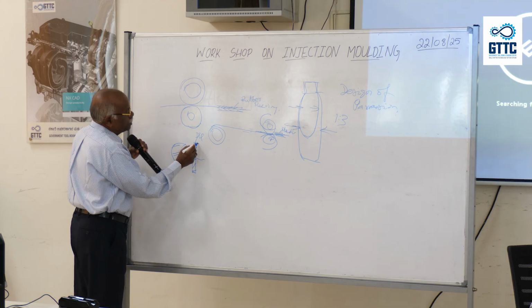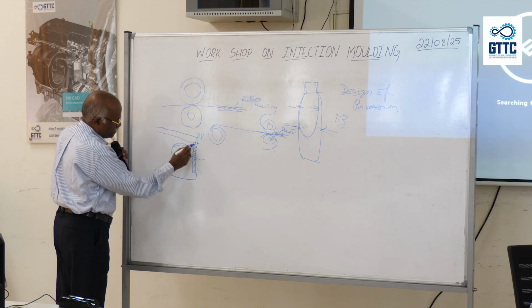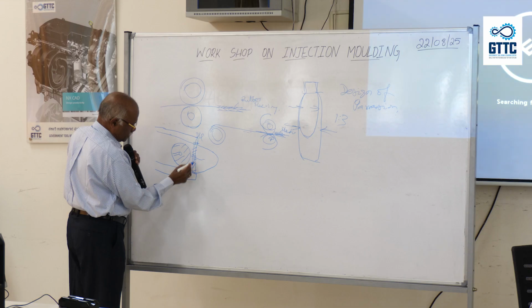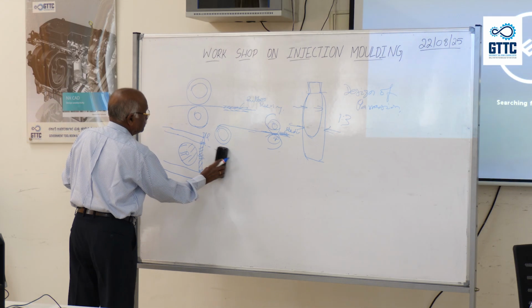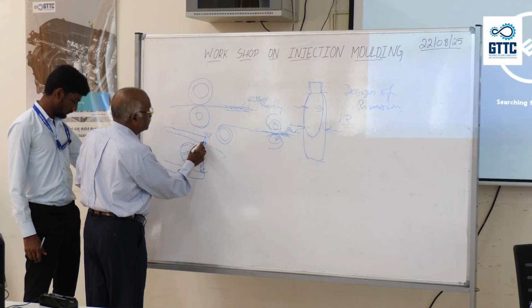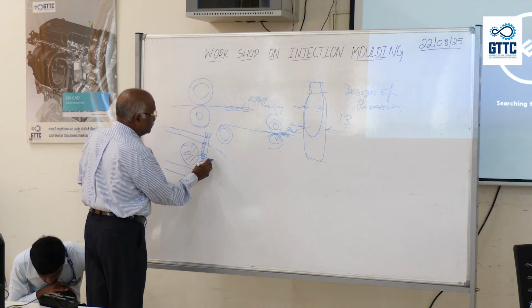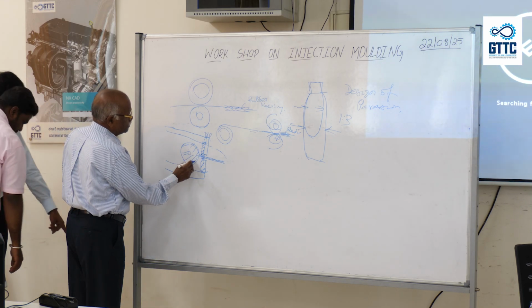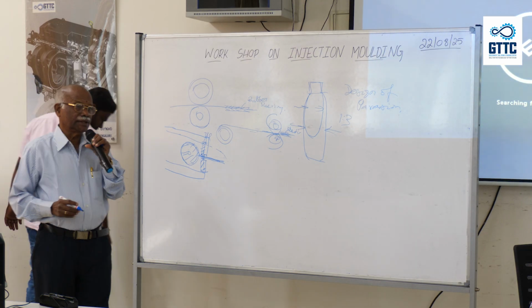There again you have the nozzle, and you have a screw. It is a flat cylinder.